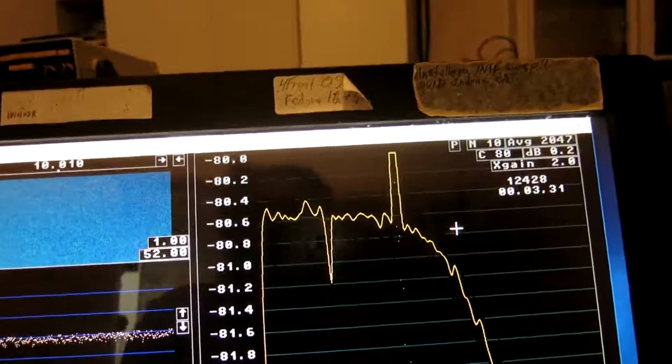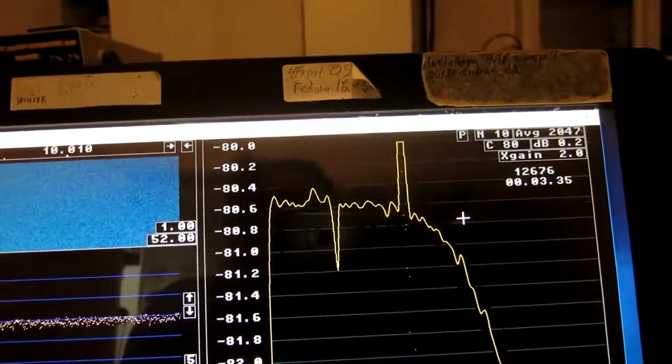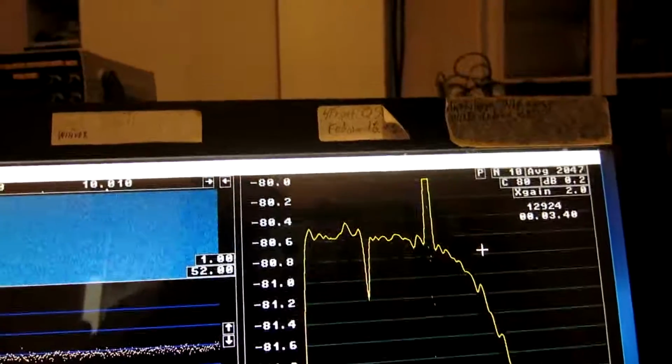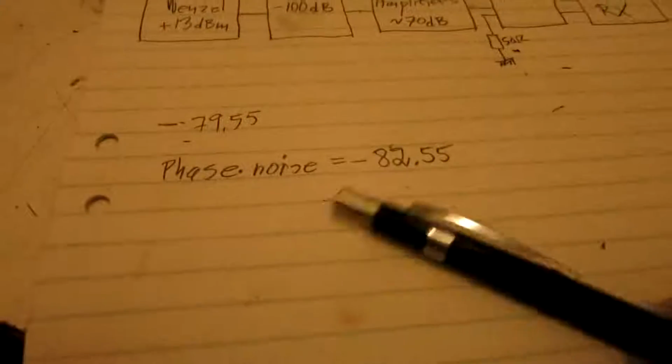A little bit less variations with frequency. But the difference is 3 decibels. That's quite clear. Now the level 83.6 is incorrect by almost 1 dB.